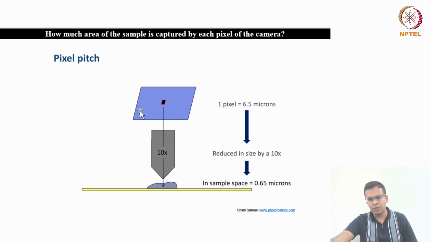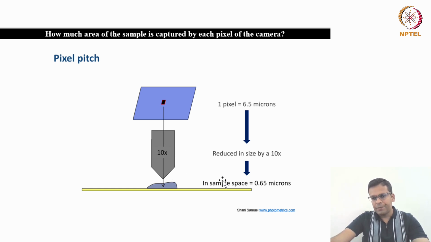This chip is made up of so many pixels, but here I have shown only one pixel, and the size of that pixel is 6.5 micron by 6.5 micron. Okay, so in the x-axis it is 6.5 micron, in the y-axis also 6.5 micron. So what I want to convey here is how much area of your sample is exposed to this 6.5 micron pixel, because there is a magnification in between.